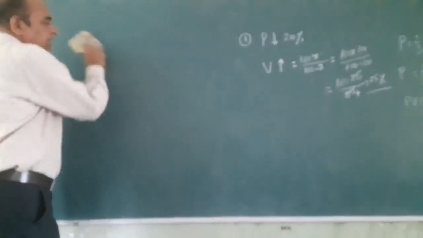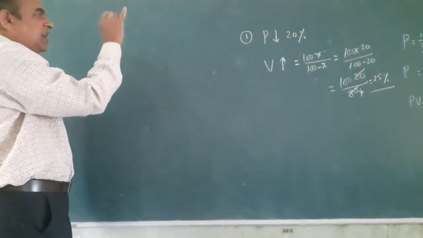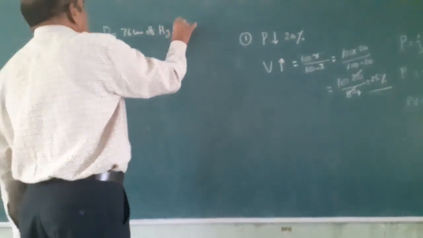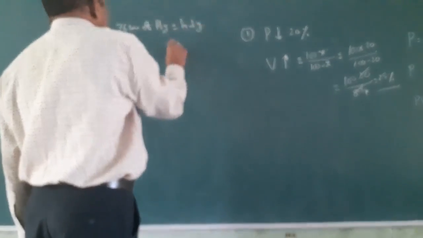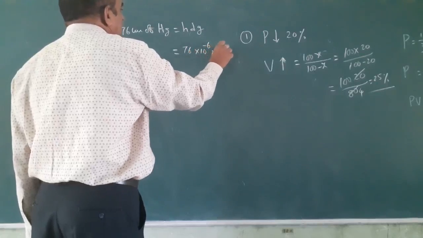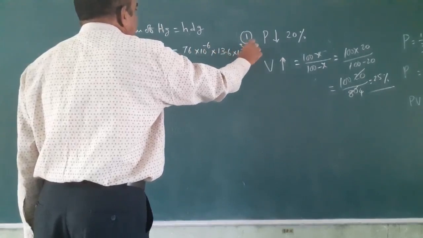Next, atmospheric pressure. What is atmospheric pressure? The pressure due to the atmosphere is called atmospheric pressure, that is 76 centimeters of Hg. The formula is h d g, that is 76 into 10 power minus 2 into the density 13.6 into 10 power 3 into g, 10.